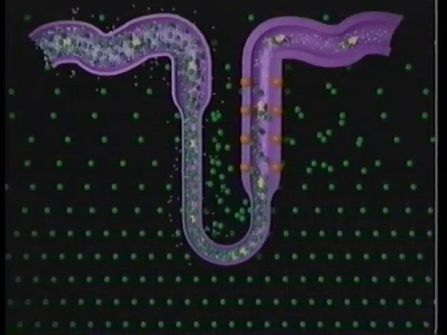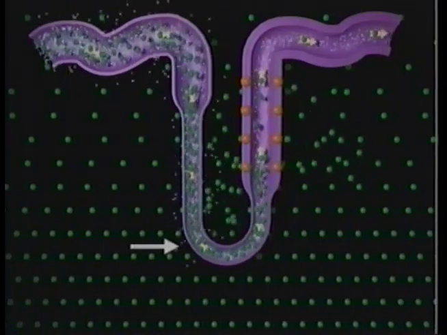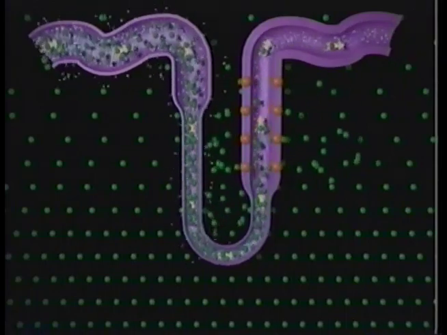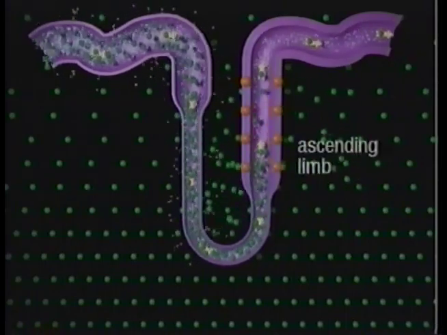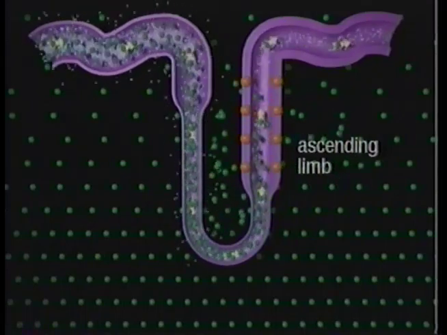The ascending limb of the loop of Henle helps to create the concentration gradient that pulls water out of the descending limb. Let's see how that works. The tubular fluid arriving at the turn of the loop is highly concentrated after its journey along the descending limb. Unlike the descending limb, most of the ascending limb is impermeable to both water and solutes.